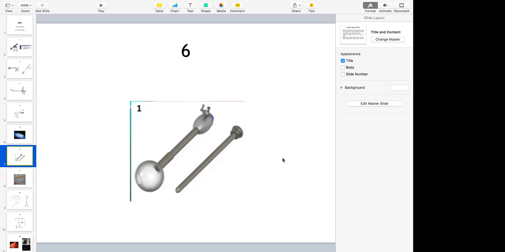How much heat, at what temperature and pressure, and for what time? 121 degrees Celsius and pressure of 15 pounds per square inch for 30 minutes for metallic instruments, and for rubber items, 15 minutes.